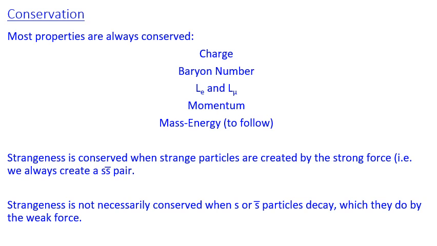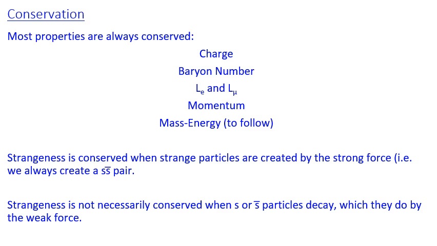And what that's saying in reality is just that we create a strange anti-strange pair, because the anti-strange quark will have the opposite strangeness to the strange quark. So overall, there is no net change in the strangeness of the universe. But when strange particles decay, they can decay in such a form that strangeness is not conserved.